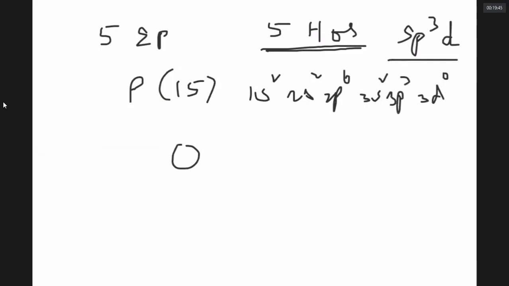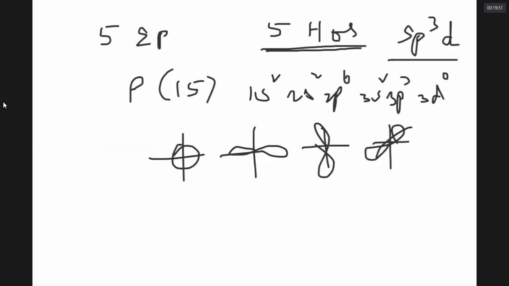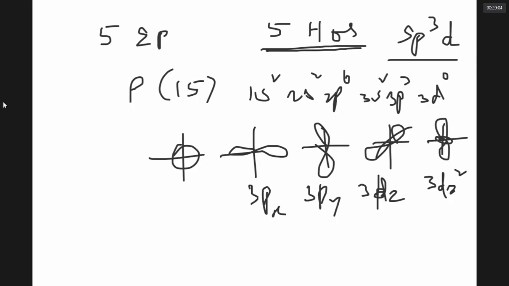So a 3s orbital, a 3px orbital, a 3py orbital, a 3pz orbital, and a 3dz square orbital, any one: 3dz square, 3pz, 3py, 3px, 3s.